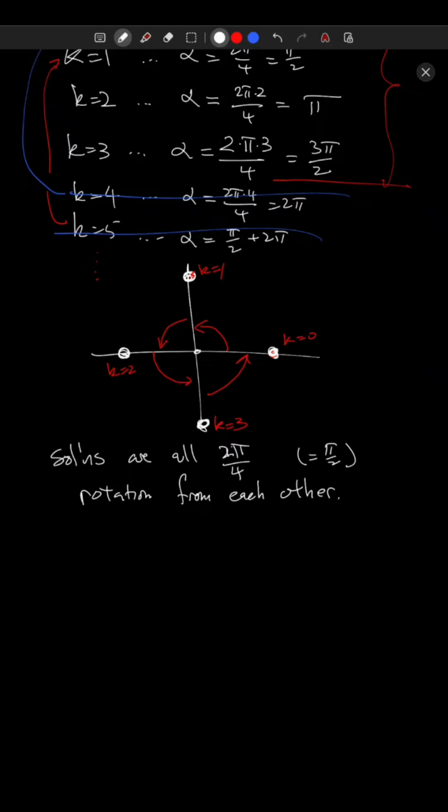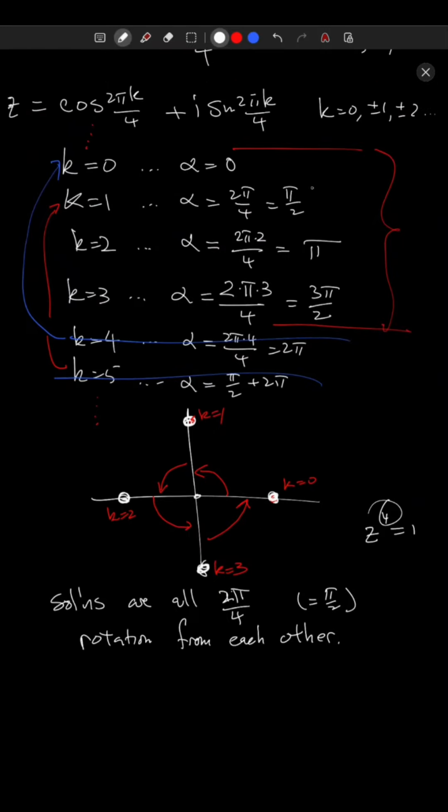And again, why 90 degrees? Because 90 degrees is 360 degrees divided by 4. And why 4? Because we're solving z to the 4 equals 1. All right. By the way, all of these 4 solutions make sense, right? If you write these k equals 0, 1, 2, 3 solutions in trig form, you'll see that you get, this is 1, this one is i, minus 1.